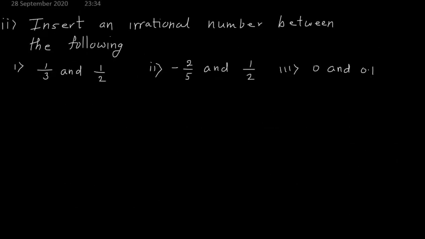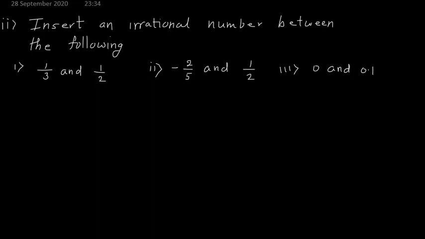Next question, we have to insert an irrational number between the following. Now, an irrational number between two numbers a and b is of the form root of a times b.